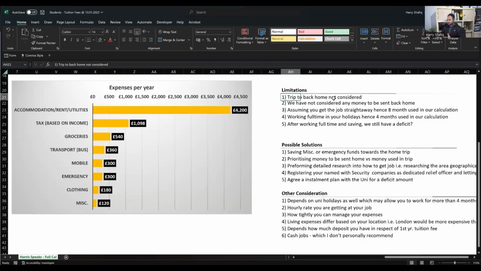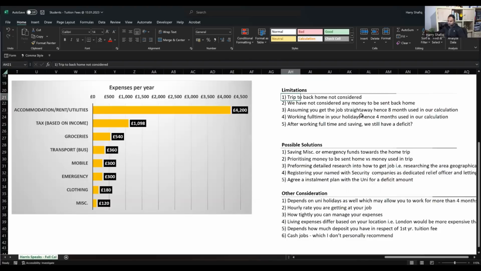Obviously, living as a student in the UK, we all belong to a middle class family. If you do belong to a rich family, congratulations. But if you belong to a middle class family, there's also an expectation that you would send some money back home. In this case, I've not considered that, and hence, you can see there's a limitation there.